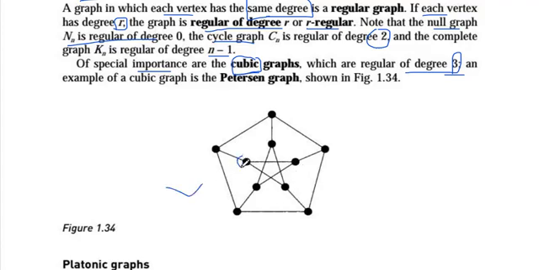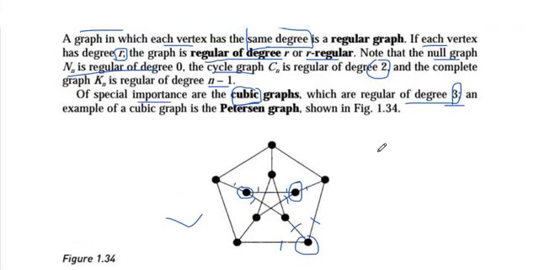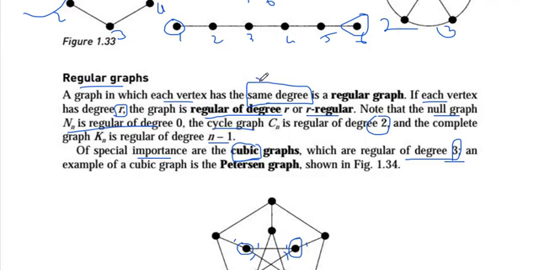Each vertex has degree 3: 1, 2 and 3. You can count for this vertex 1, 2 and 3, and for this vertex 1, 2 and 3. The degree of each vertex is 3, so it's called a cubic graph. For a regular graph, all the vertices have the same degree.